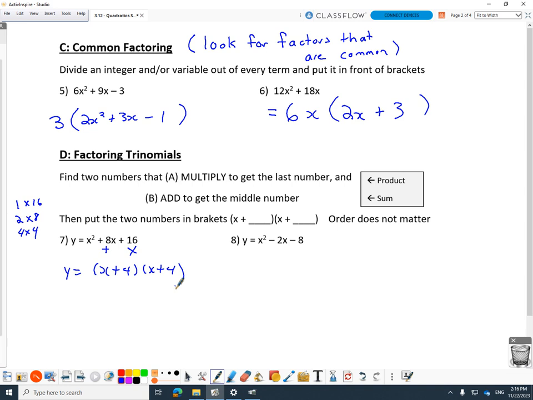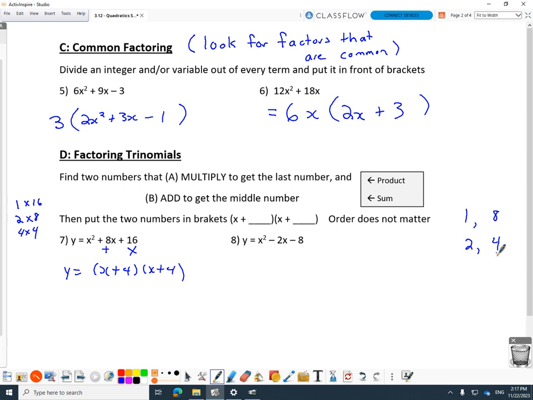Here, watch this one. Let's do this one together, because this is a lot like the quiz one. Two things that multiply to 8. Hold on. Let me write them down for people who are still having trouble finding these numbers. If you look at the chart, you'll find 1 and 8 multiply to 8. 2 and 4 multiply to 8, and that's all the things that multiply to 8.